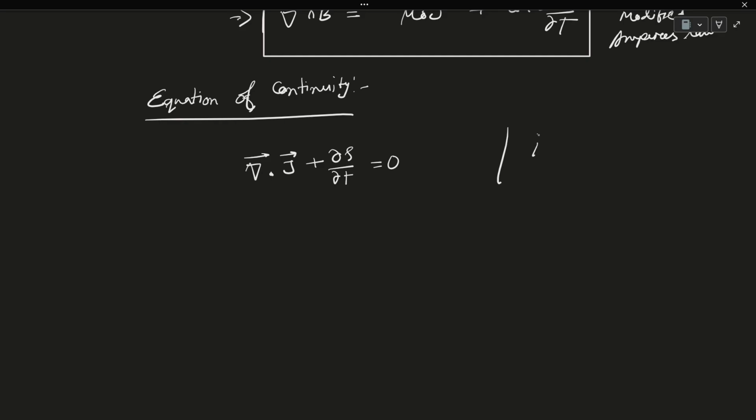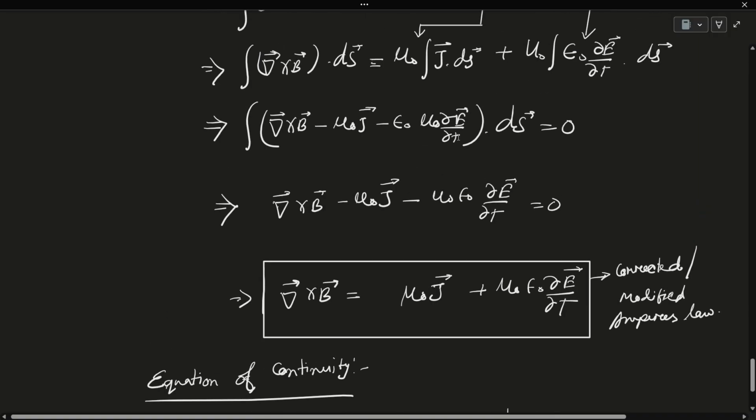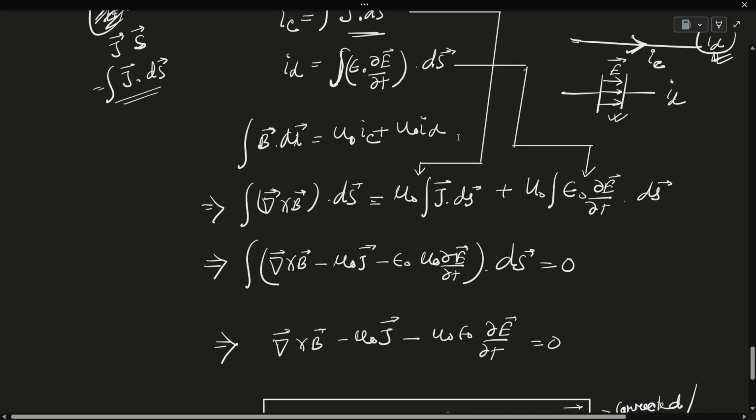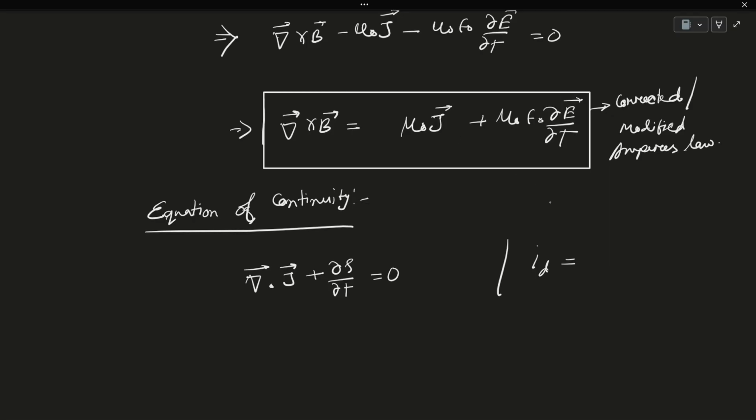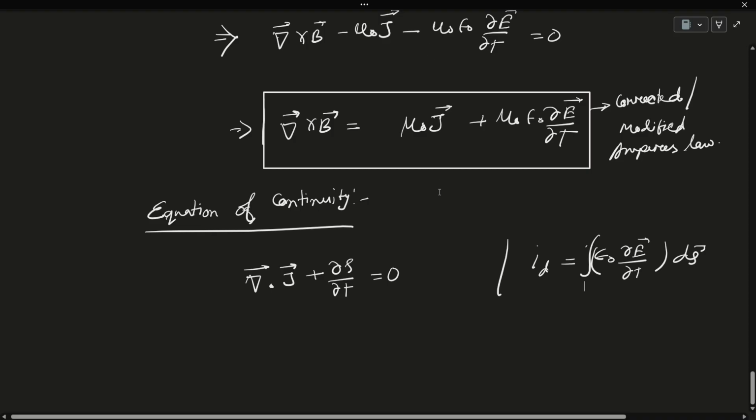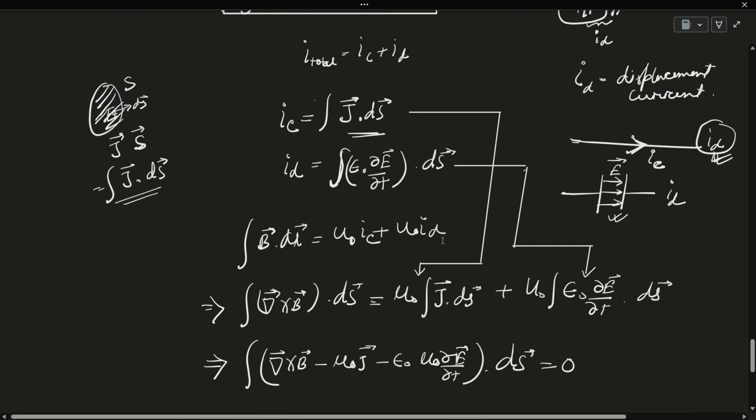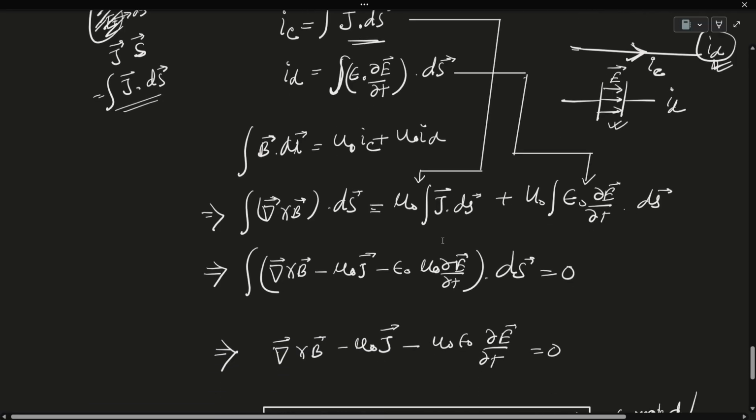So now I want to show you where Id equals to this term is coming from. Id equals to the integration of epsilon naught del E del t dot ds.